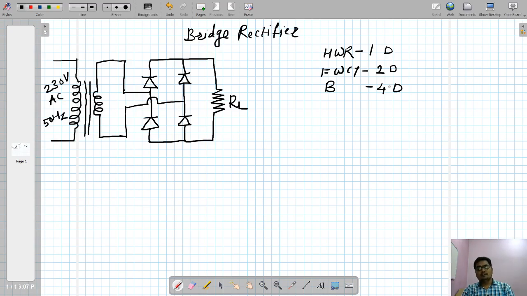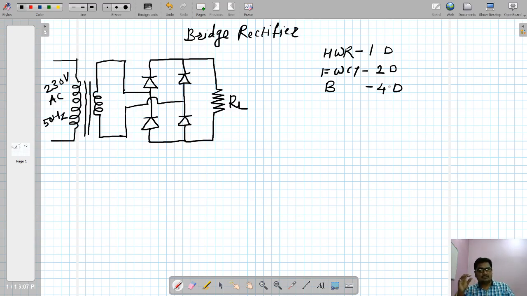Even if we compare the ripple factor, the ripple factor of full wave center diode rectifier is less as compared to that of half wave rectifier. In half wave, we got ripple factor of 121%, and in case of center diode rectifier, the ripple factor we got is just 48%.